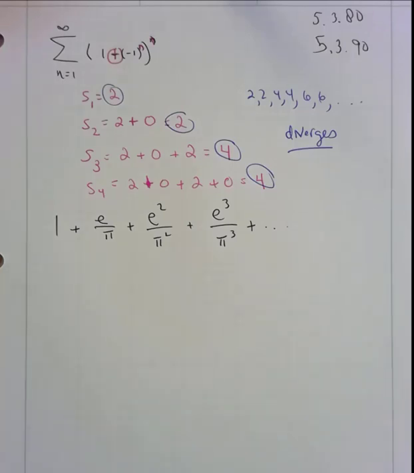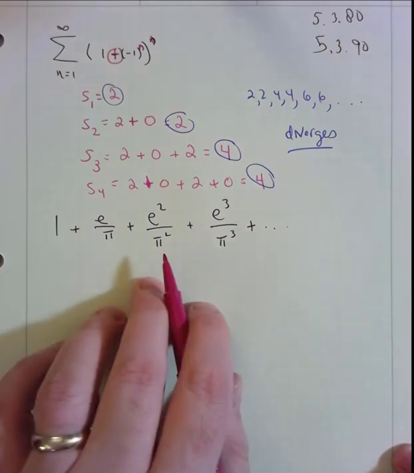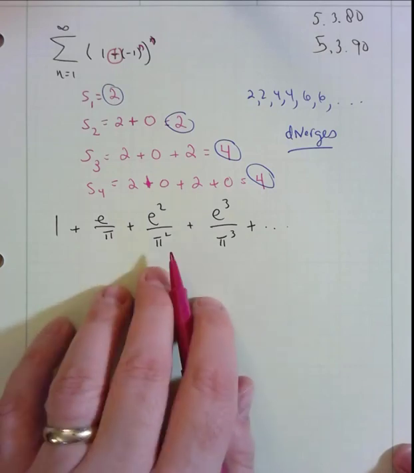Okay, second example is to demonstrate whether this series, which is written out term by term, converges or diverges. And this is an example of a geometric series. A geometric series is a series where the terms are just going up by powers of some central term. So in this case, we have e over pi to the first, squared, cubed.